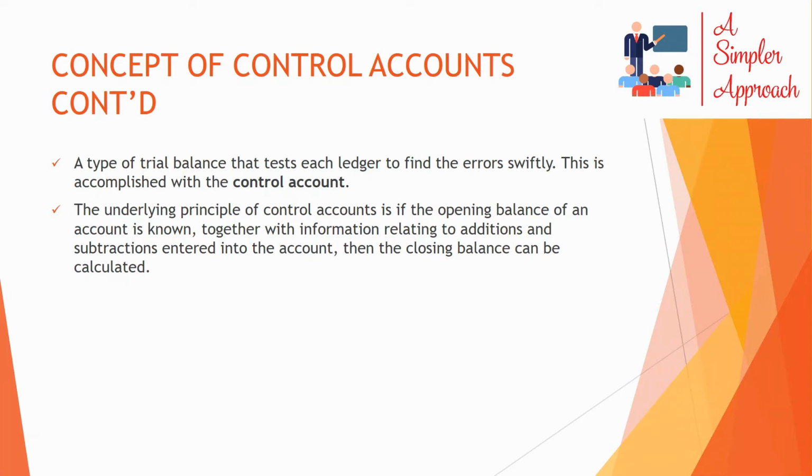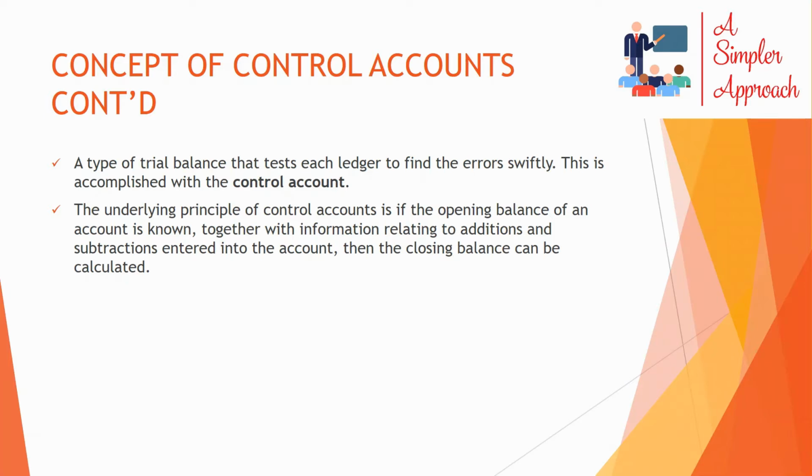Now, there is one underlying principle to control accounts, and it simply is this: if you know the opening balance of the account, if you know all the information that is in the account, whether it is debited or credited, added or subtracted, whichever the case may be, once you know all of that information, then you can calculate what the closing balance should be.